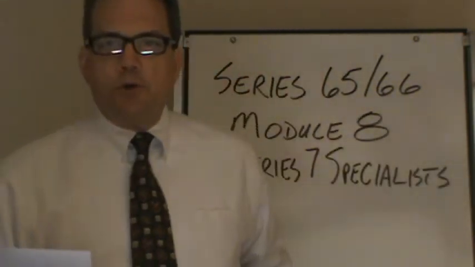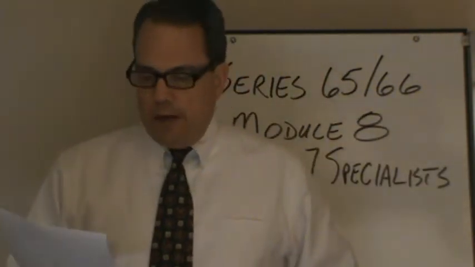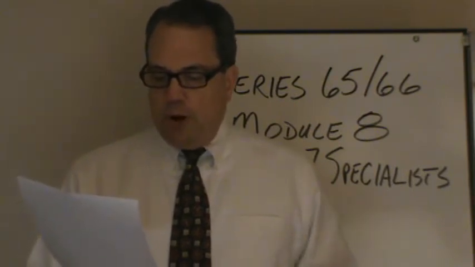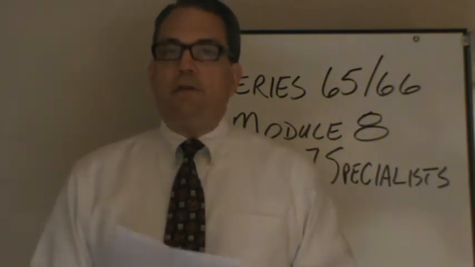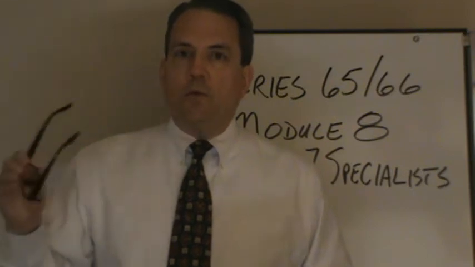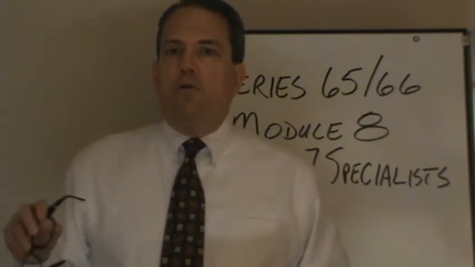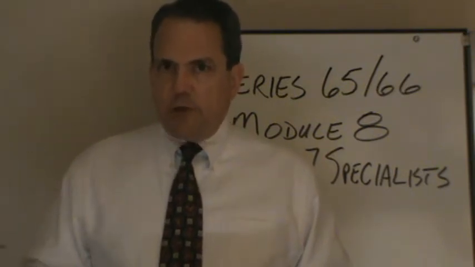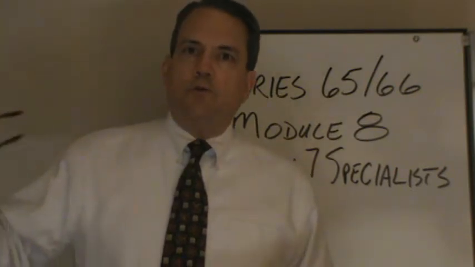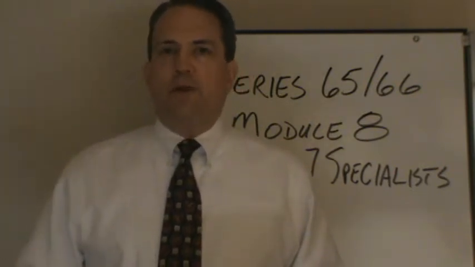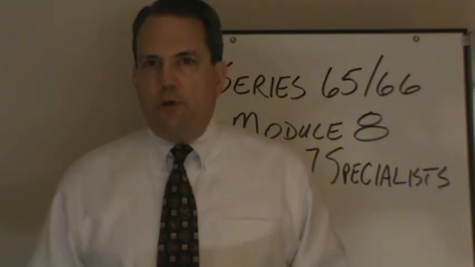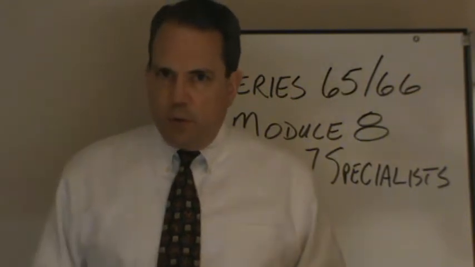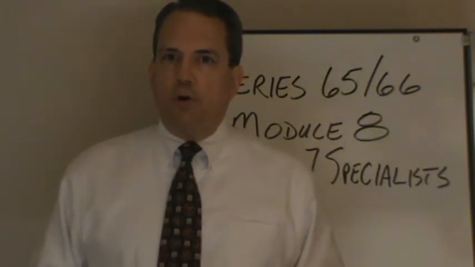The investment advisor's brochure. We need to look at the brochure because this is going to be the source of a lot of questions. The brochure is comprised of Part 2 of Form ADV. This is one of the reasons why I want you to look over Form ADV, and especially Part 2, so that you're familiar with the types of disclosures and the types of requirements for building up the brochure.